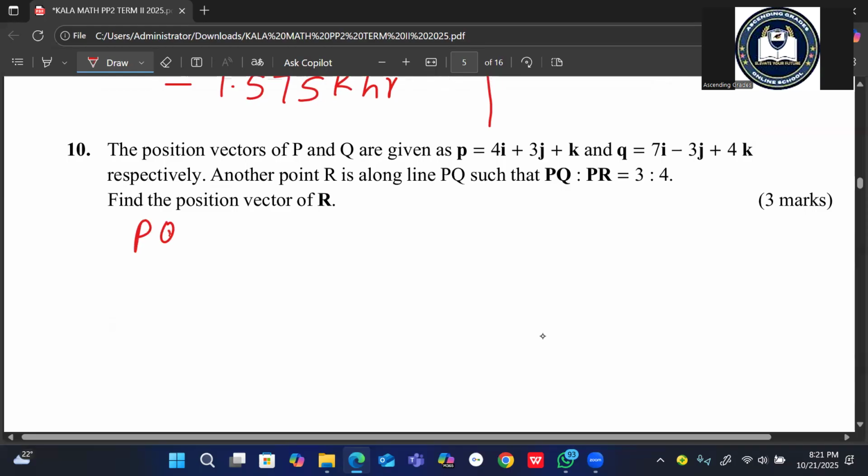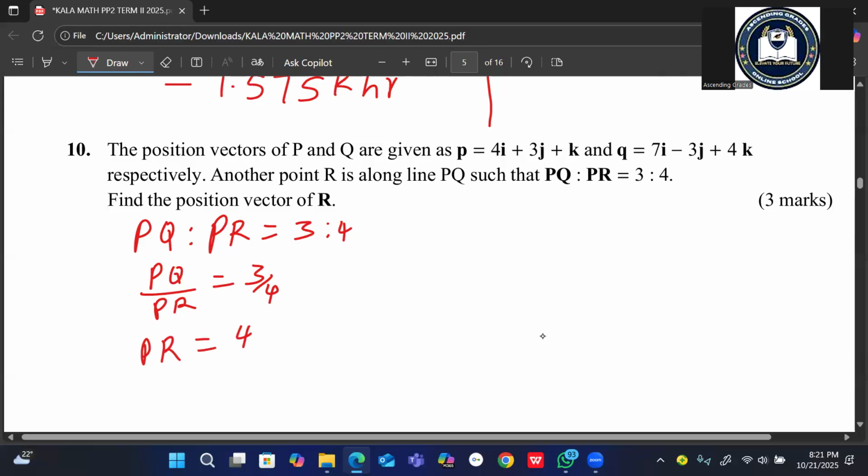We are told that PQ is to PR is 3 is to 4. So this is the same as PQ over PR is equal to 3 over 4. Now we want our PR. So PR should be equal to 4 over 3 of PQ.